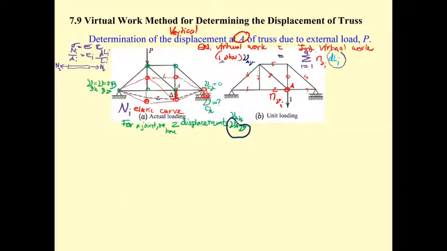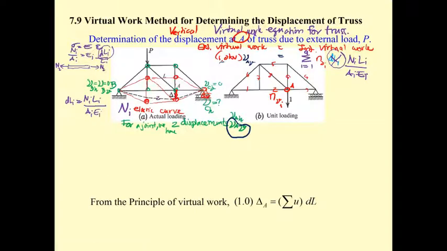So dL sub i is going to be n sub i L i divided by A i and E i. Putting it over here, that is going to be the so-called virtual work equation for truss.